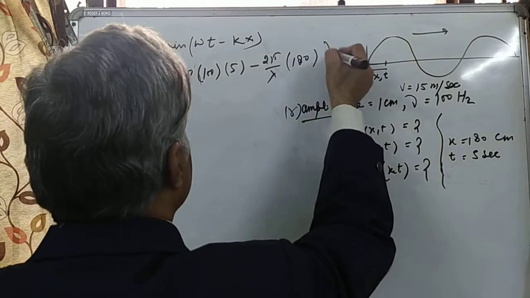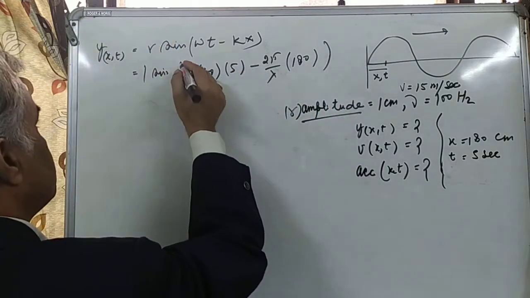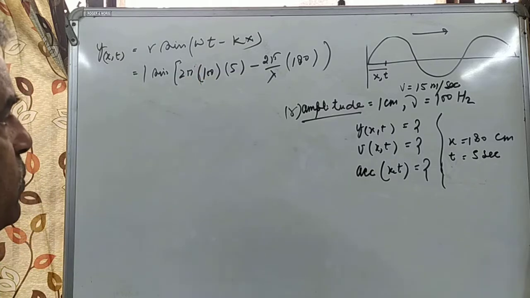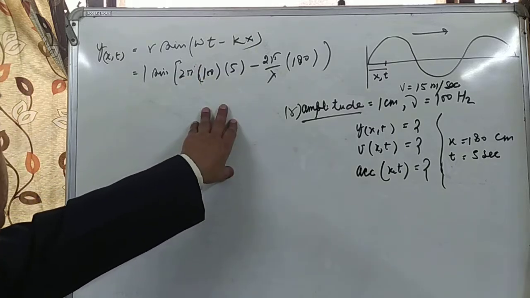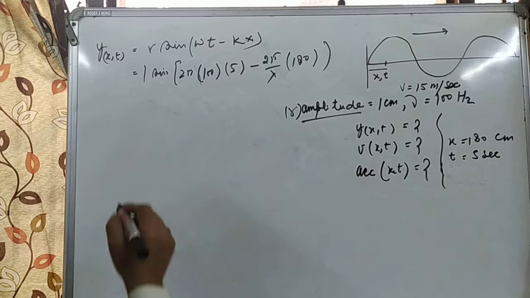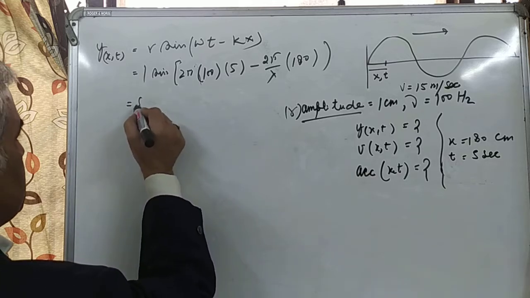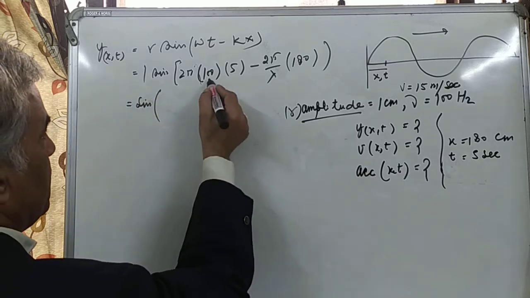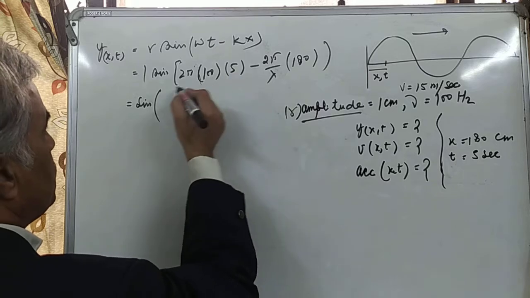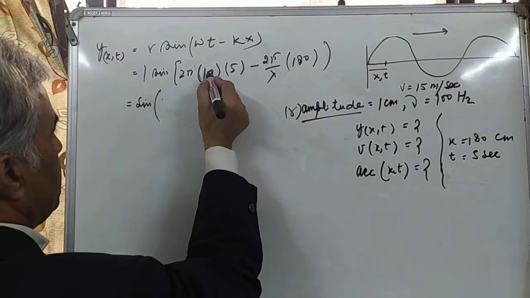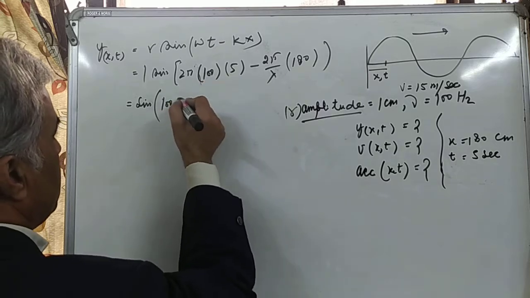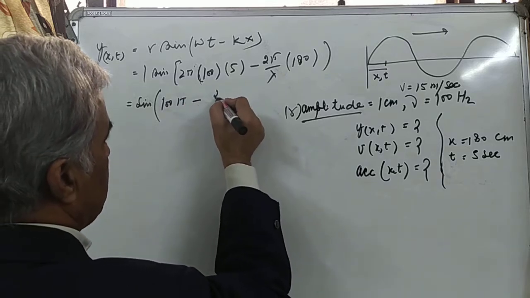On further simplification you will find sin(1000 pi minus 2 pi by lambda times 180).